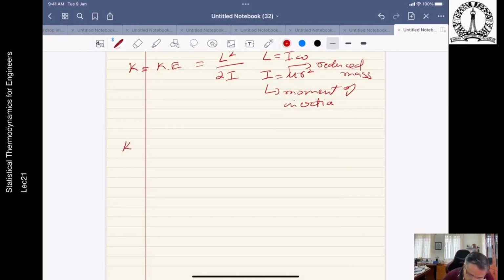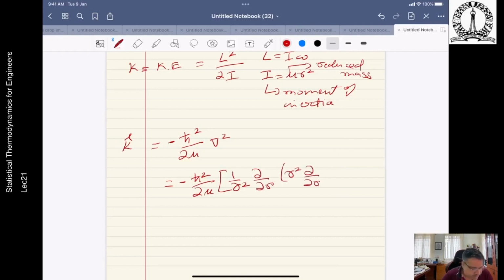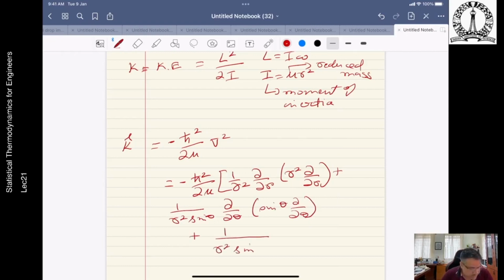The operator for the kinetic energy is basically h bar squared by 2 mu into 1 over R squared d by dR of R squared d by dR, plus 1 over R squared sin theta d by d theta of sin theta d by d theta, plus 1 over R squared sin squared theta d squared by d phi squared.